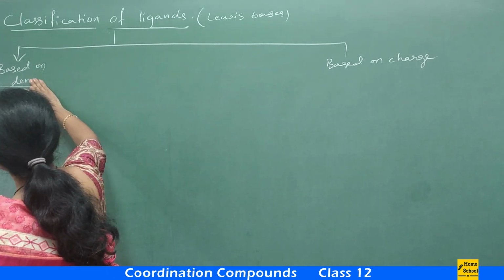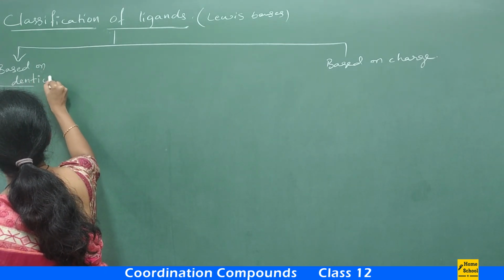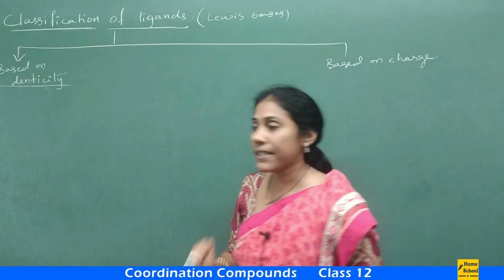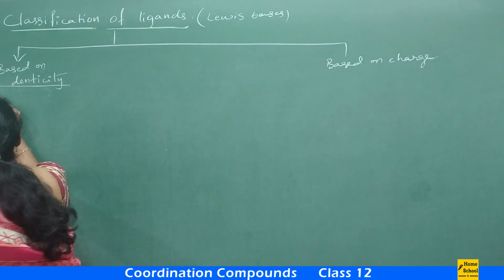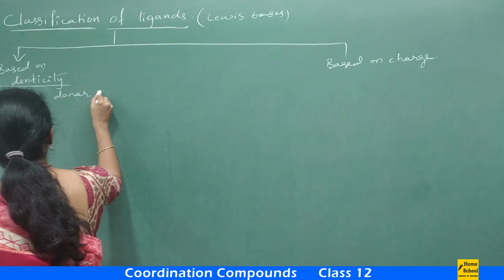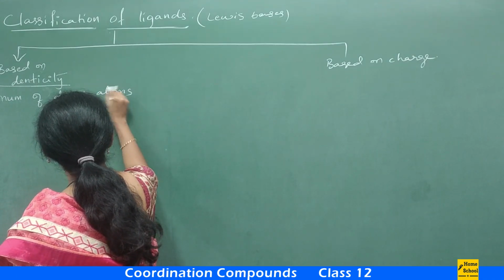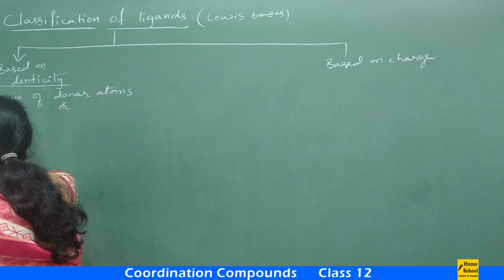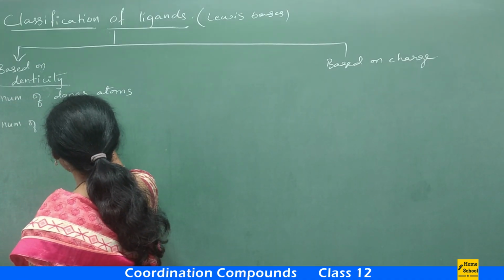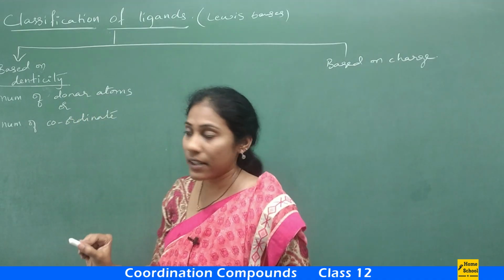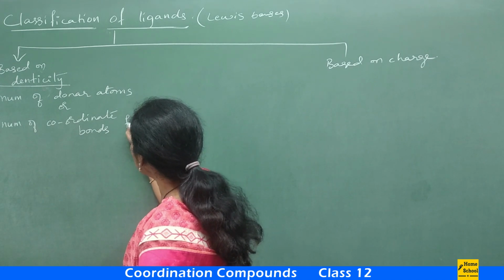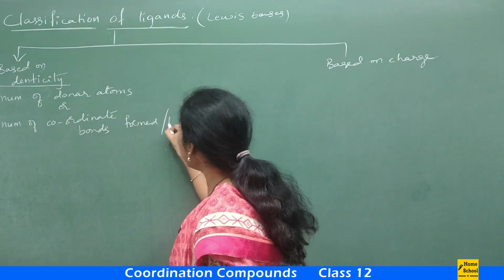First and foremost, you need to understand the meaning of the word denticity. It is very simple, guys. Denticity means the number of donor atoms present in a ligand, or we can also say the number of coordinate bonds, which are nothing but dative bonds, formed per ligand.